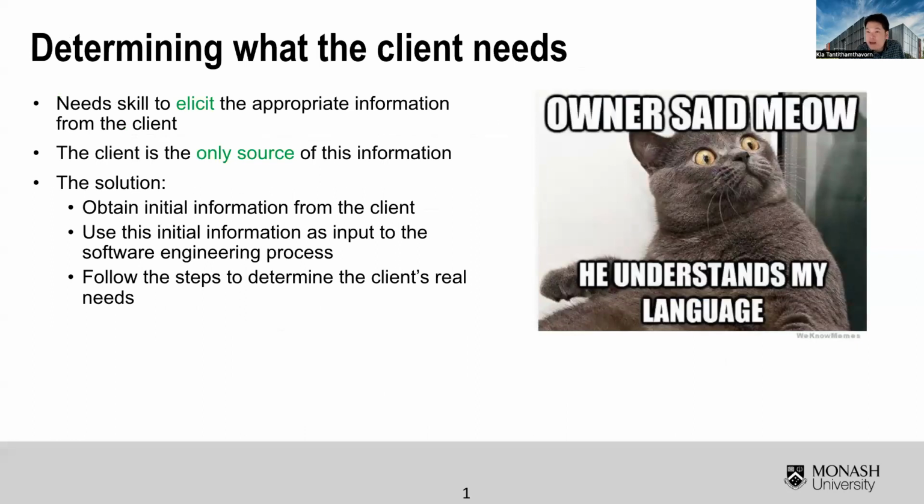And as part of this process, as I mentioned before, we need to determine what they really need. And we need the skill to elicit the right requirement, okay? If you ask the right question, you get the right answer. If you ask the wrong question, you won't get the right answer anyway. So that's why we need to communicate and talk in the same language as the client.